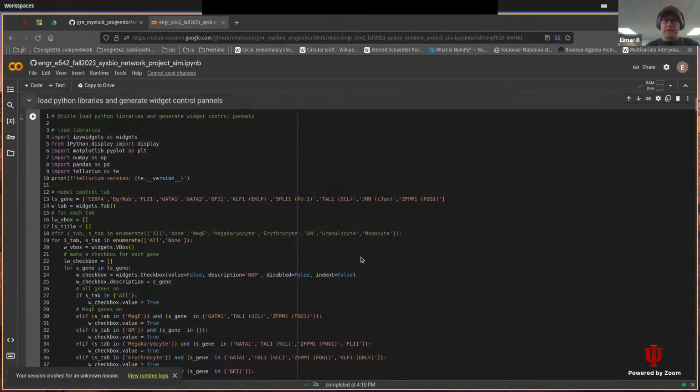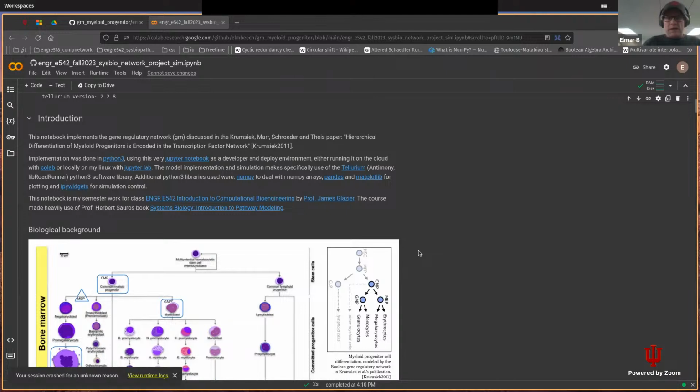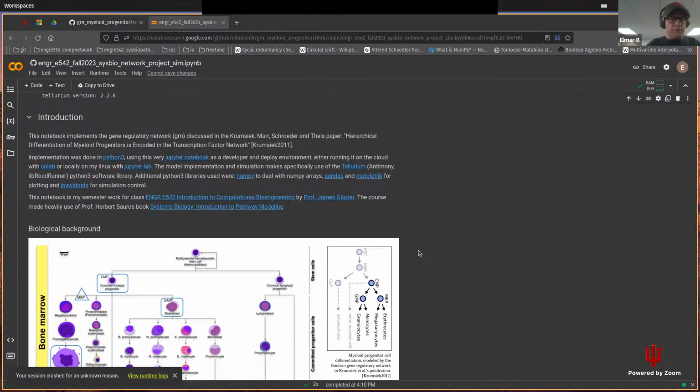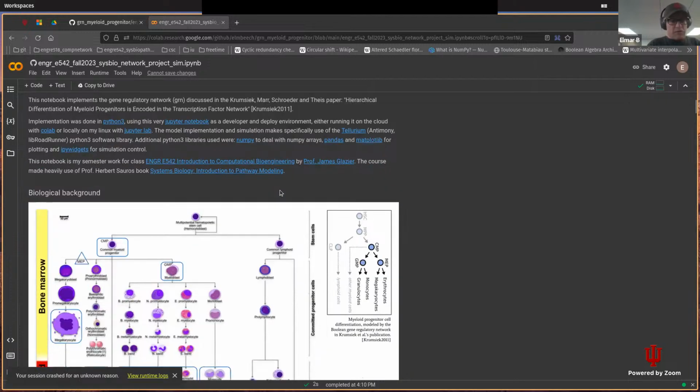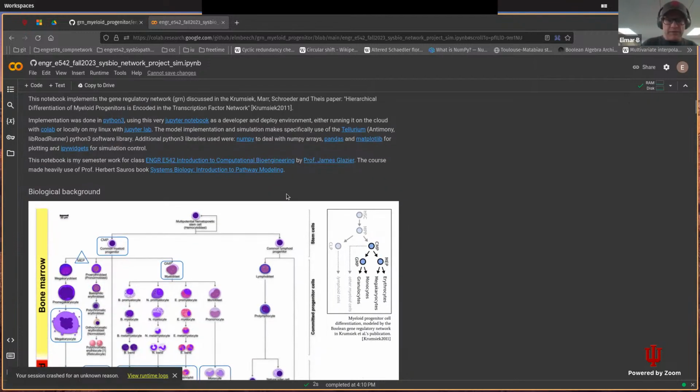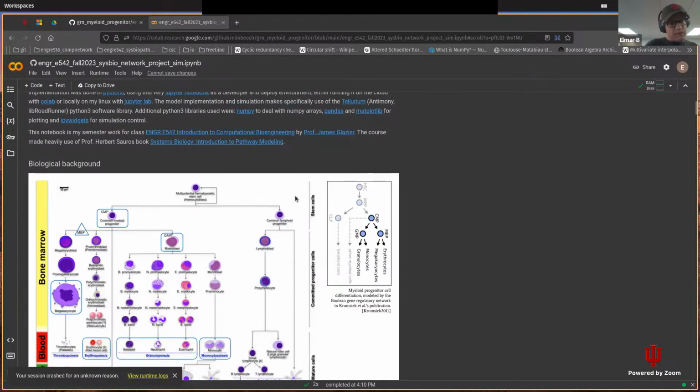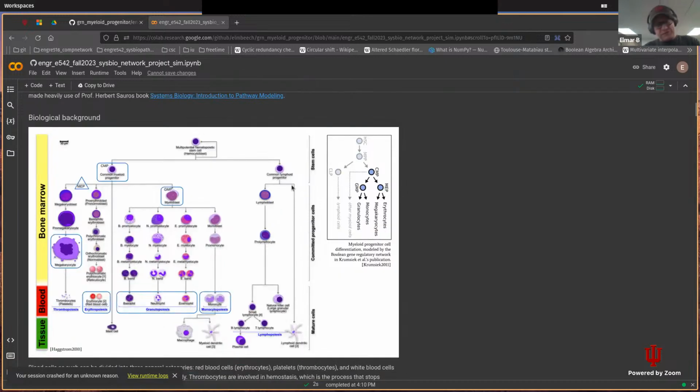So this is my project work from our class, and as you all know, we have used Tellurium, and we have studied biological networks. I want to first give some biological background on the network that I studied here. It's a Boolean gene regulatory network, and it's about myeloid blood cell differentiation.